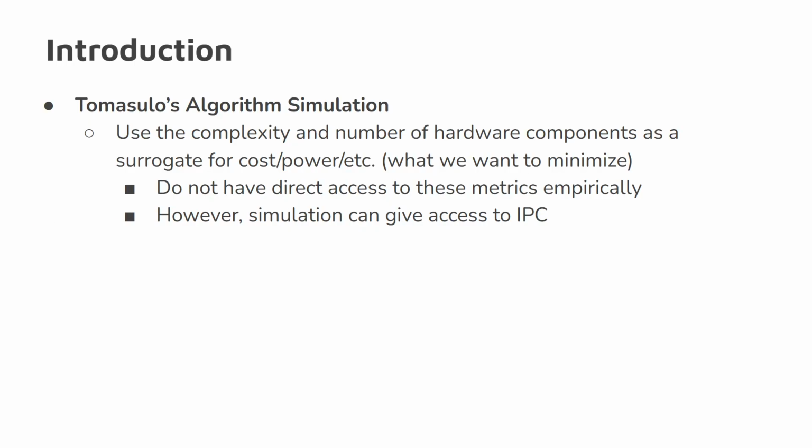So in this project, I simulate Tomasulo's algorithm, and the primary output of that is, given the configuration of the previous components we just talked about, we want to calculate how many cycles the algorithm takes on a given workload.